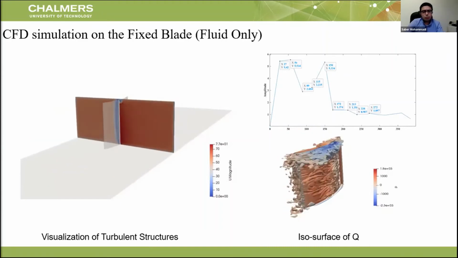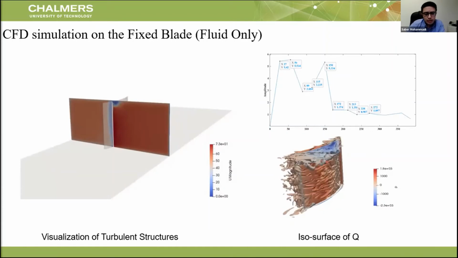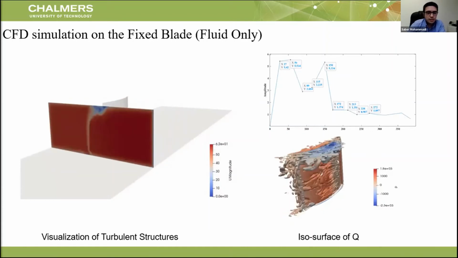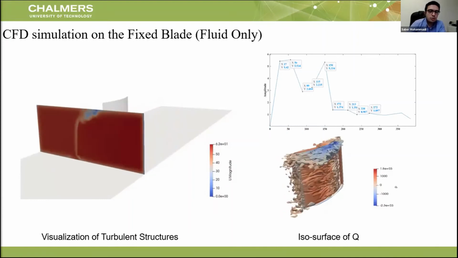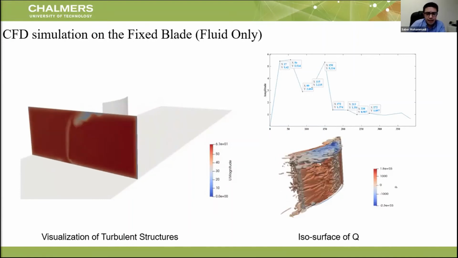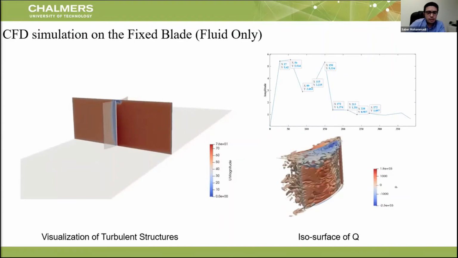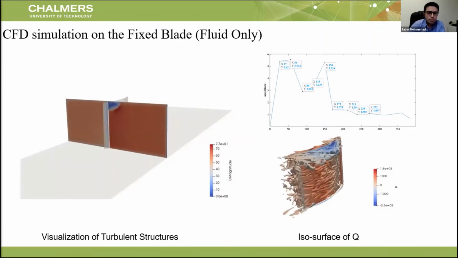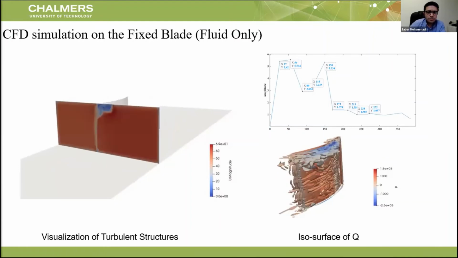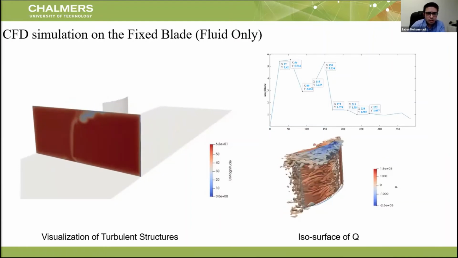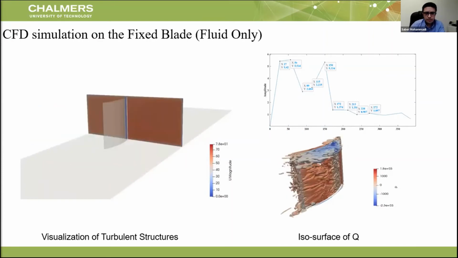These turbulent structures you see in the bottom right picture are isosurfaces of Q on the blade. We have done some sampling of pressure close to the tip and behind the trailing edge to get the shedding frequencies and see what the dominant frequencies are in our fluid domain.